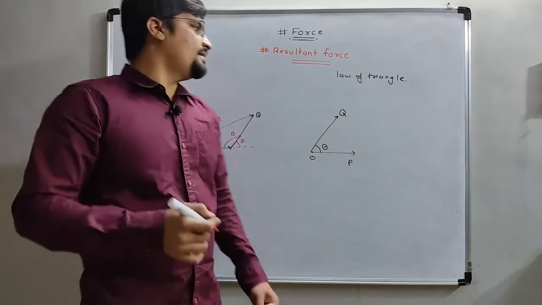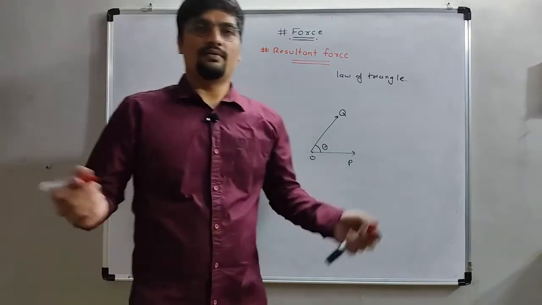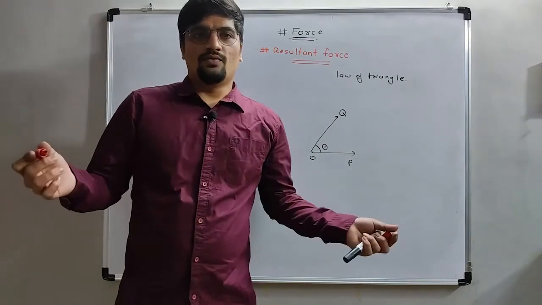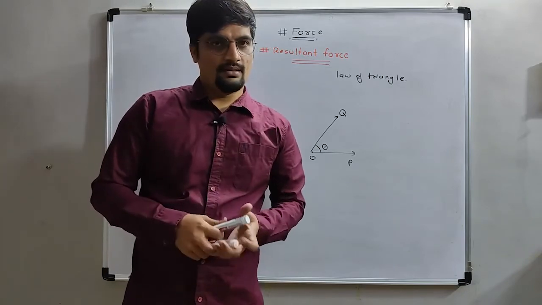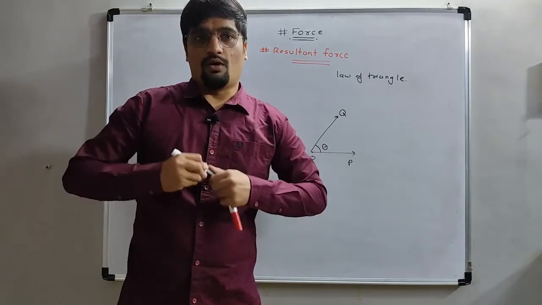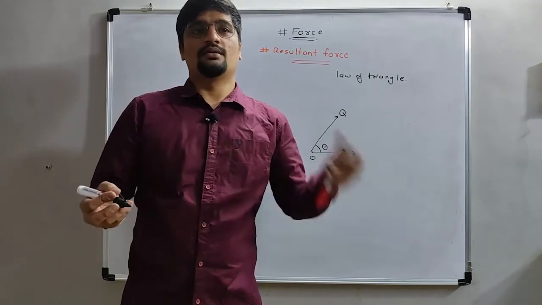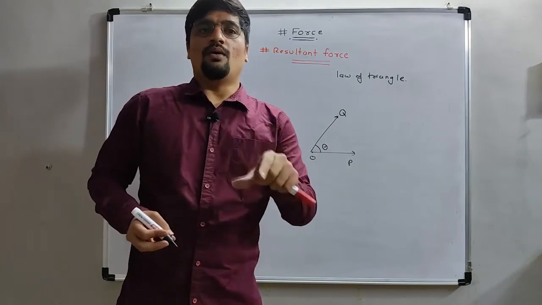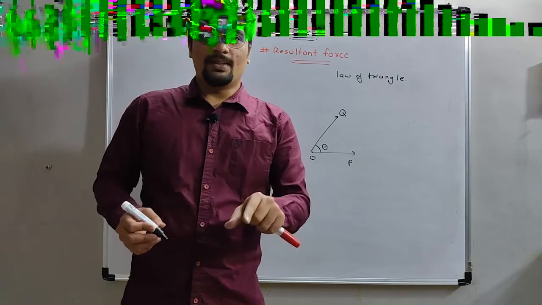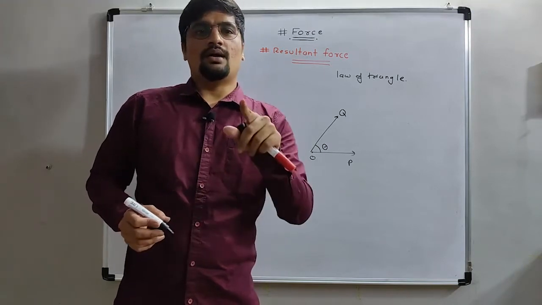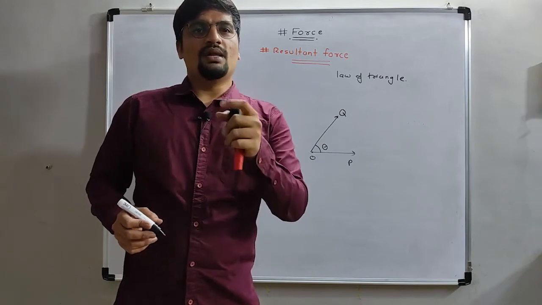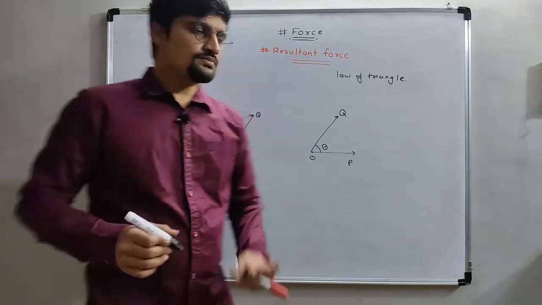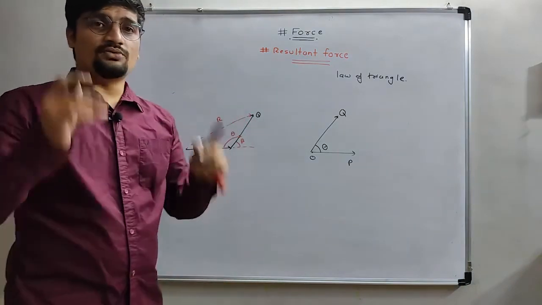Now these two laws we have understood to find the resultant force. One thing you have to keep in mind: the law of triangle and the law of parallelogram are only applicable when the forces are concurrent and the number of forces should be exactly 2.